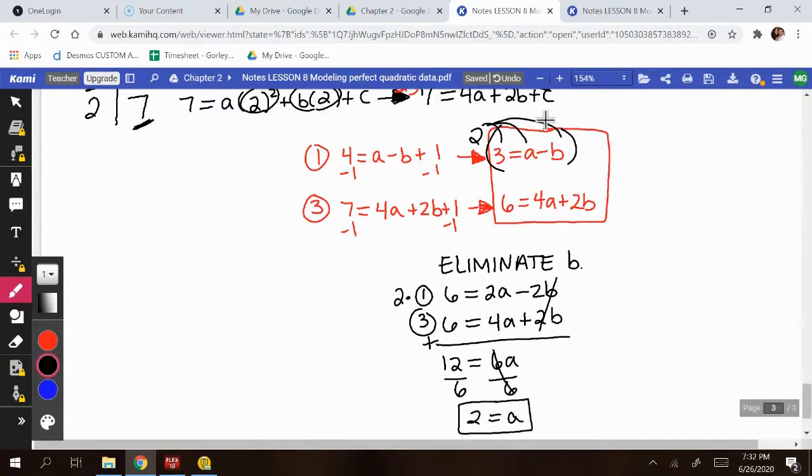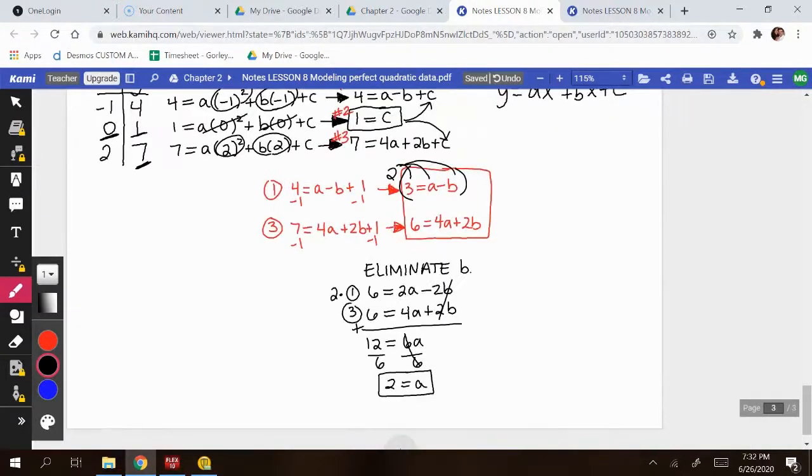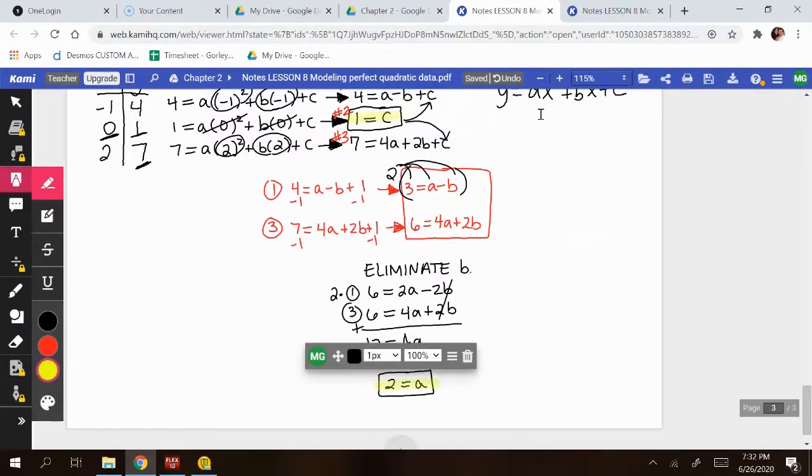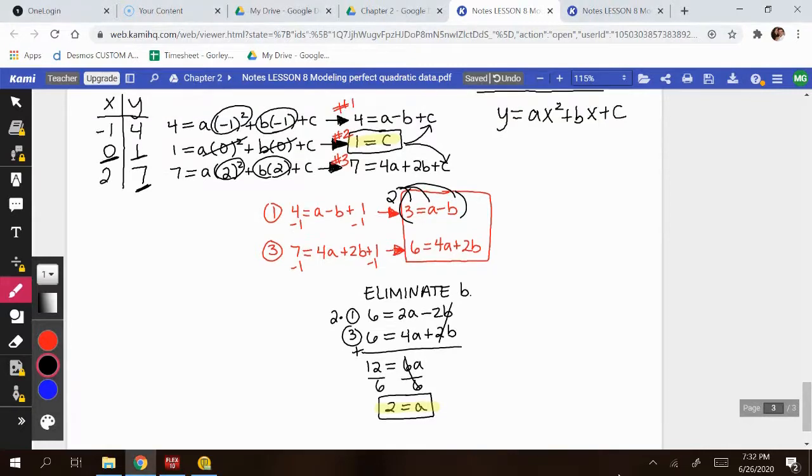All right, so cool. Now I've got 2 of my variables solved for. Right? We had that c was 1 up here, and now I have that a is 2. So I have one variable left to find. I still have to find out what b is. Okay, so now I'm going to go back to one of these original 3-variable equations.